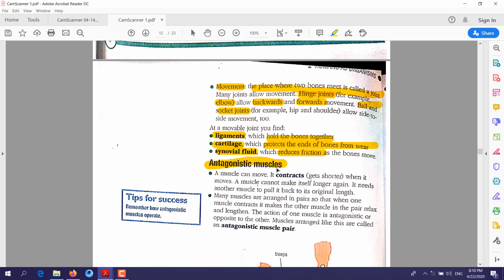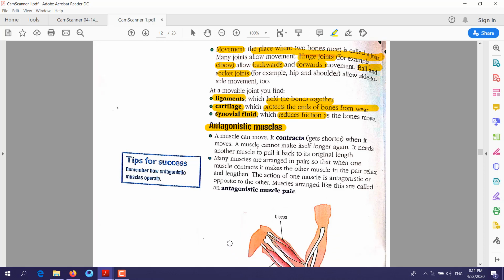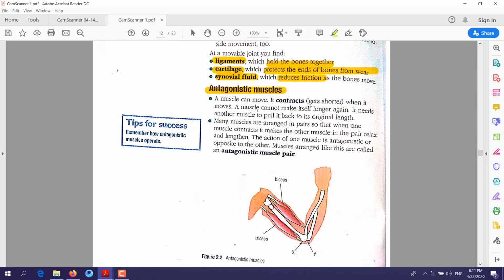Antagonistic muscles. By antagonistic muscles, we mean two muscles that work at the same time but in contrast. They work in opposite to each other. For example, in your arm, you have the biceps and the triceps.